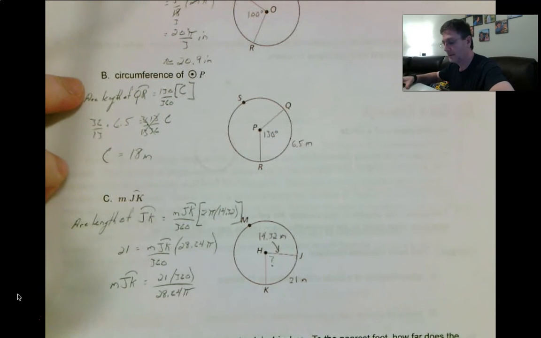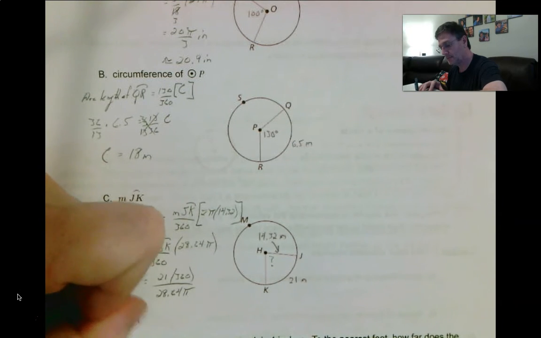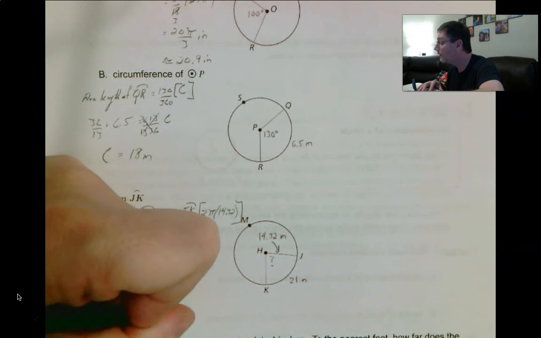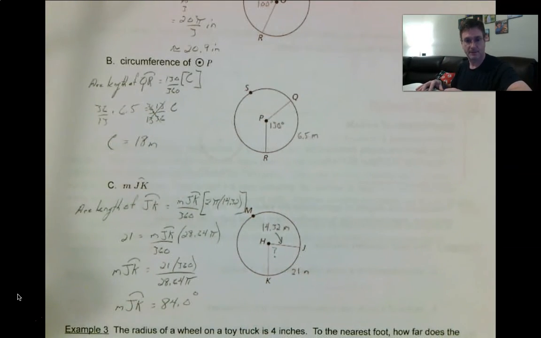So 21 times 360 divided by 28.64 and divided by, hit the pi key again, equals measure of arc JK is equal to 84.0 degrees. There's the answer to part C.